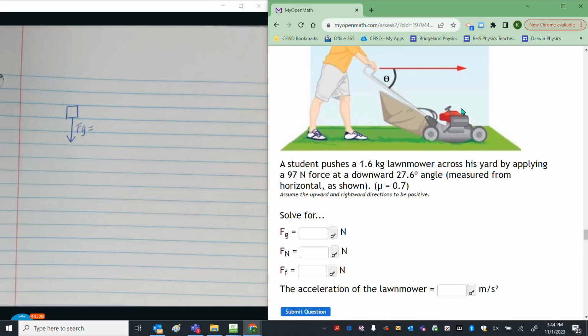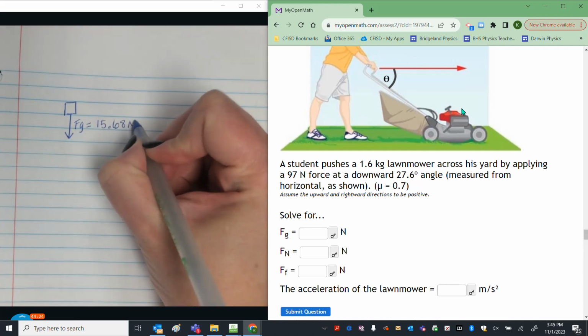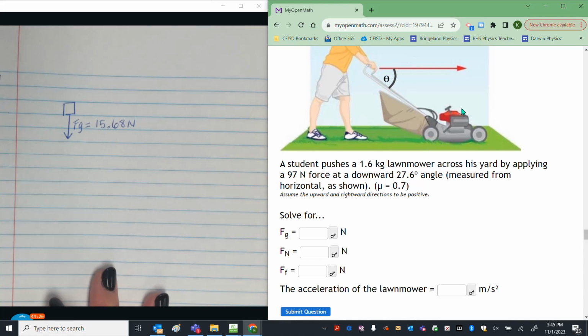This lawnmower is very light. All right, so we have Fg. Let's type it in here as well. It does tell us to include the direction here, so this is a downward force. I can see that in my diagram. I'm going to tack a negative sign on, negative 15.68.